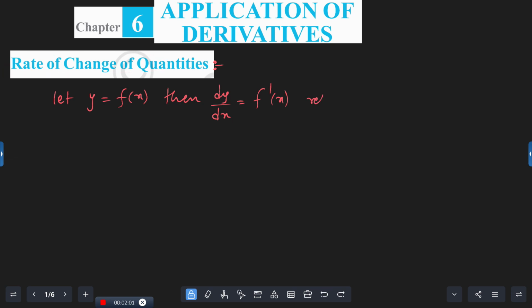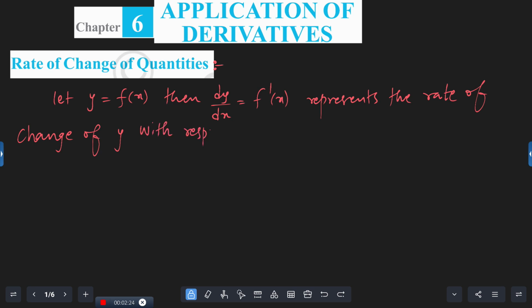So what does this represent? This represents the rate of change of y with respect to x.